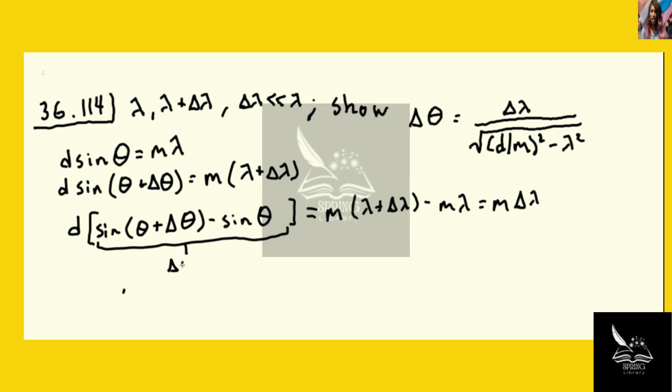So this is delta theta cosine theta. So we get d cosine theta is equal to m delta lambda over d delta theta.